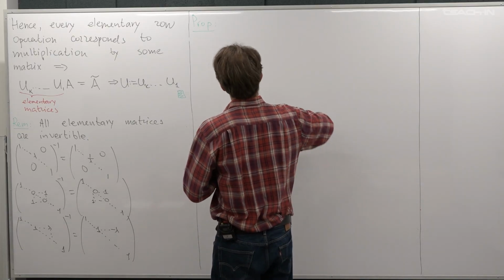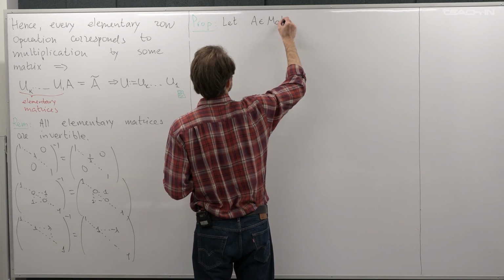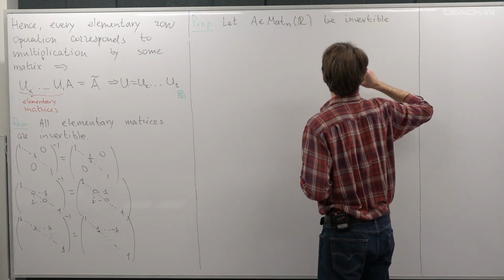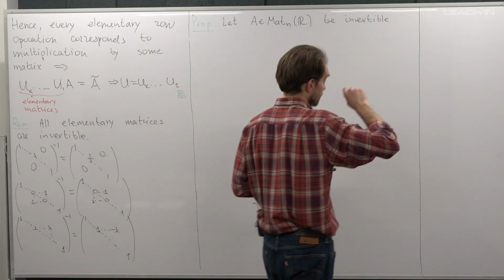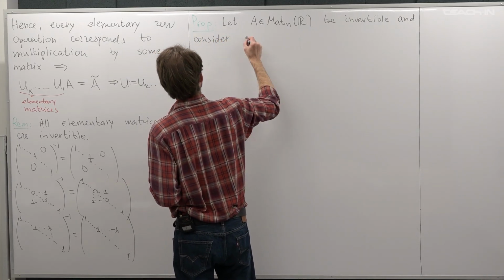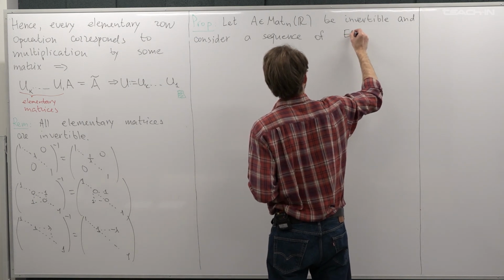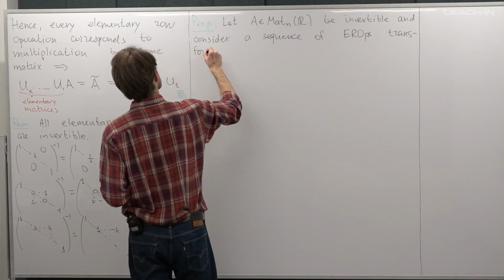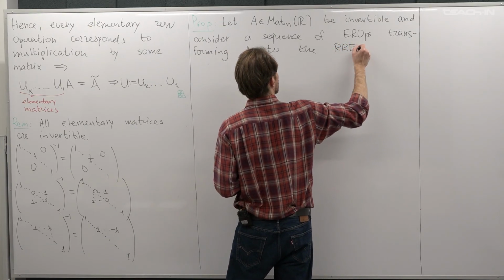So let A be invertible and consider a sequence of elementary row operations transforming A to the reduced row echelon form.